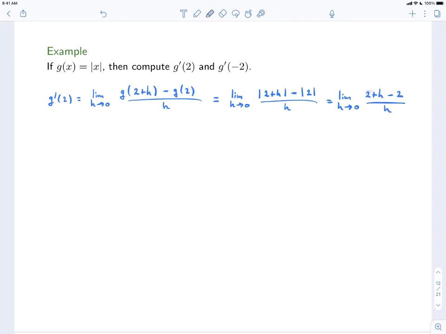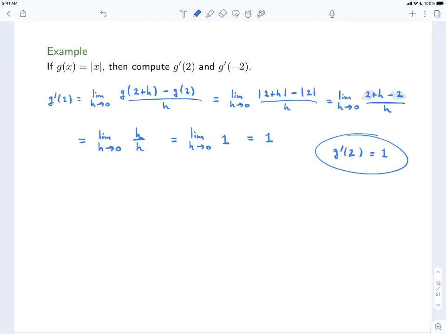So this 2 will cancel with that 2, and you just have h over h. So this is the limit as h goes to 0 of h over h. Notice that this is a 0 over 0, but it reduces immediately. This is the limit as h goes to 0 of 1. Well, again, 1 is constant, so it doesn't care what h is doing, so this is just going to be equal to 1. So g prime of 2 is equal to 1.